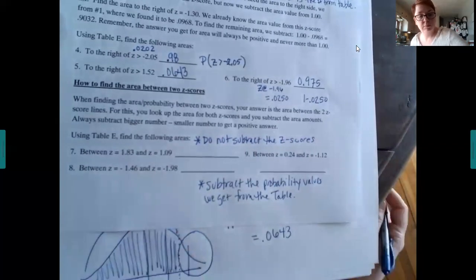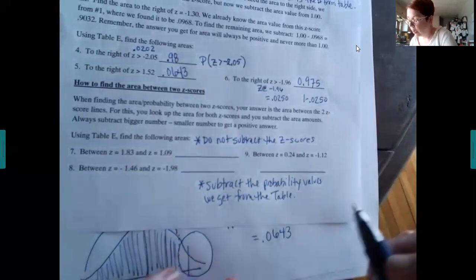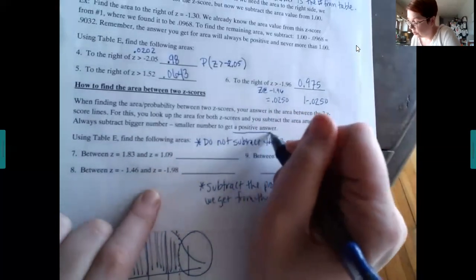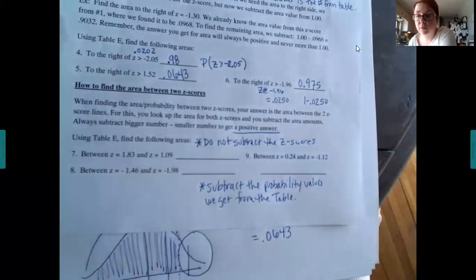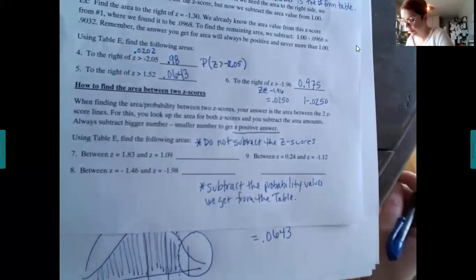And again, your answer is always positive. So it's always big number minus small number, okay? Not whatever you see first, because your answer always has to be positive.